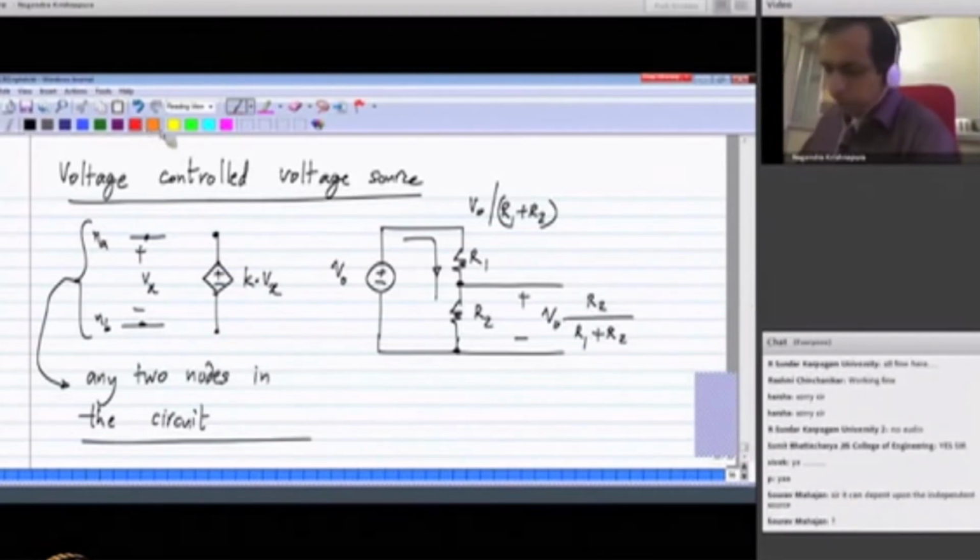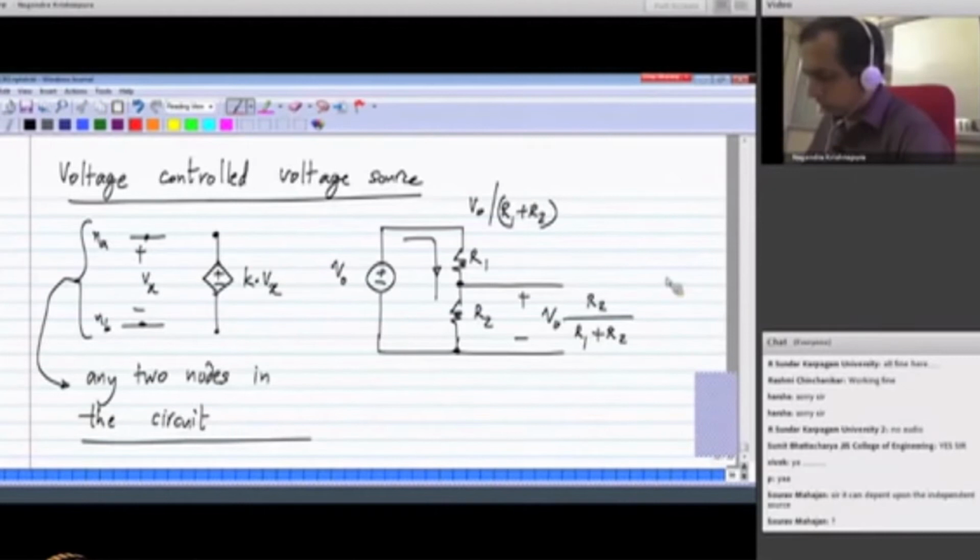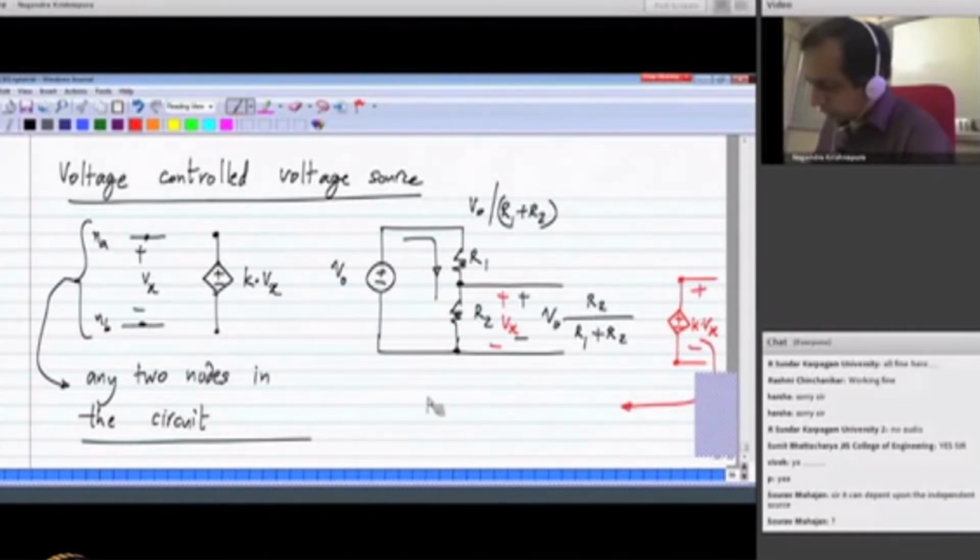Now I could have a controlled voltage source, a voltage controlled voltage source in the circuit, which I will show in red. That is, let's say K times Vx, and Vx could be defined to be this one. Okay, so Vx is something that is given to you in the definition of the circuit. Now in this case, what it means is the voltage across these 2 points would be K times V0 times R2 by R1 plus R2.